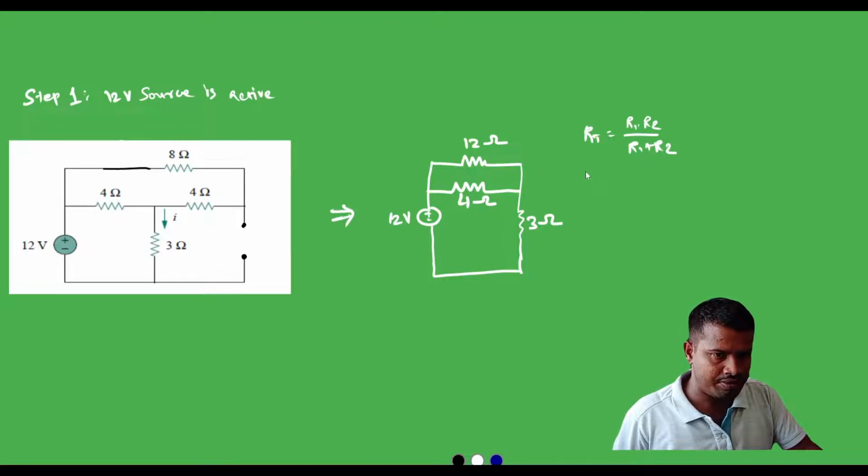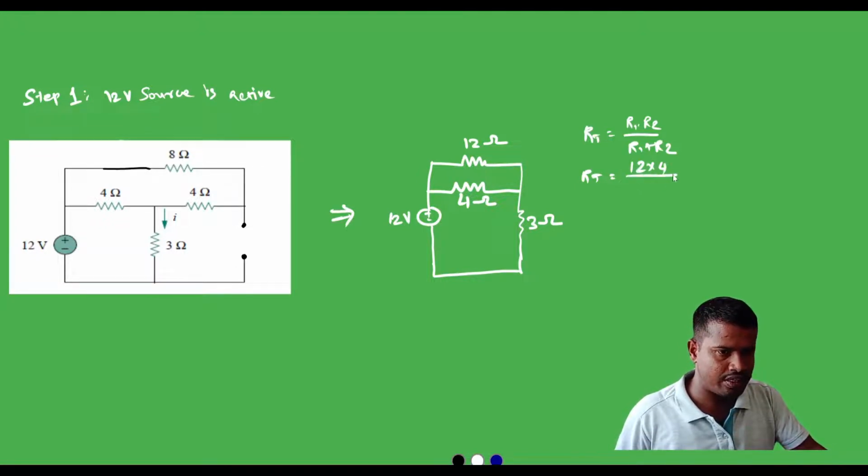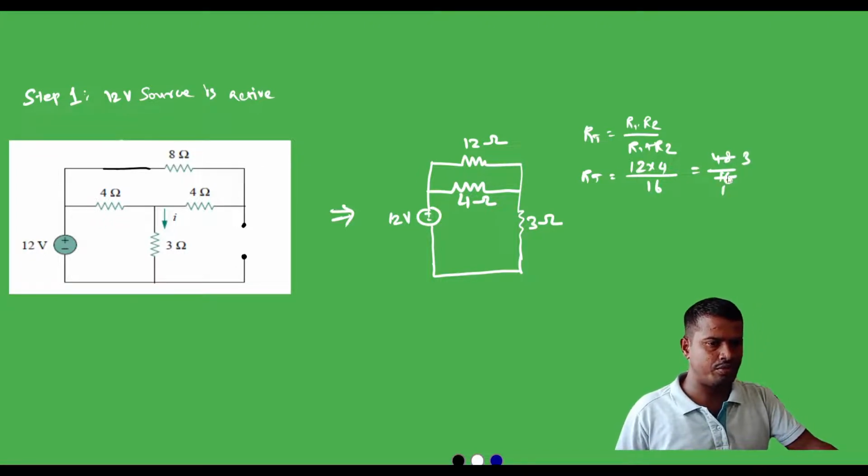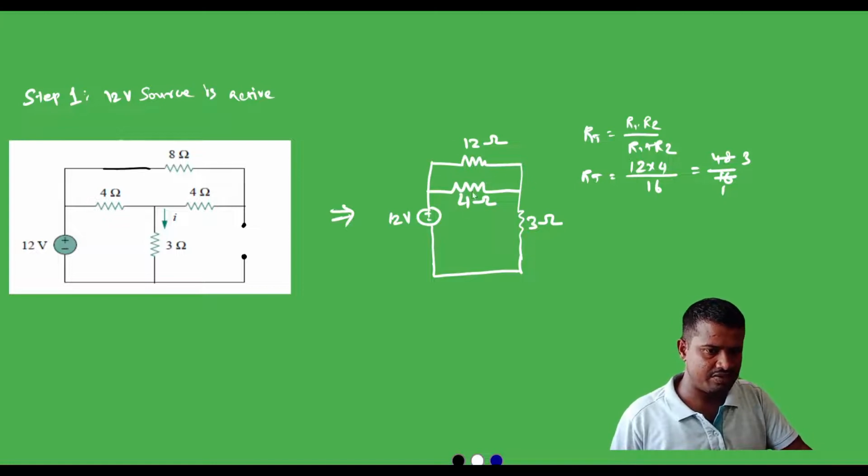So RT is equal to 12 into 4 divided by 12 plus 4, that is 16, which is 48 divided by 16. Okay, now 3 ohm will be the equivalent resistance of this circuit.